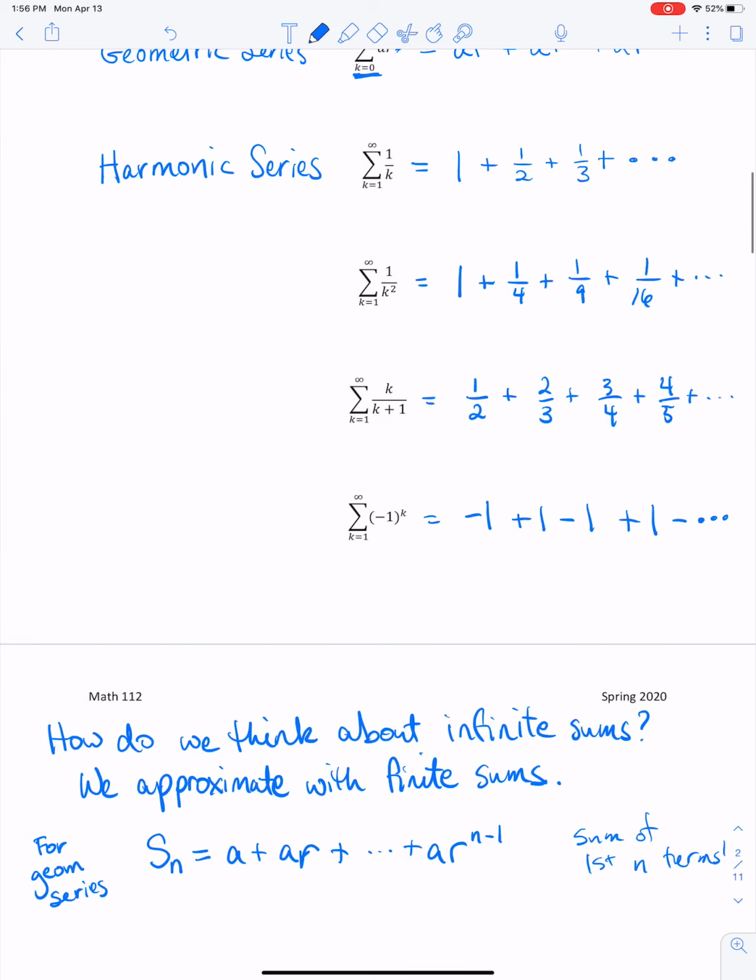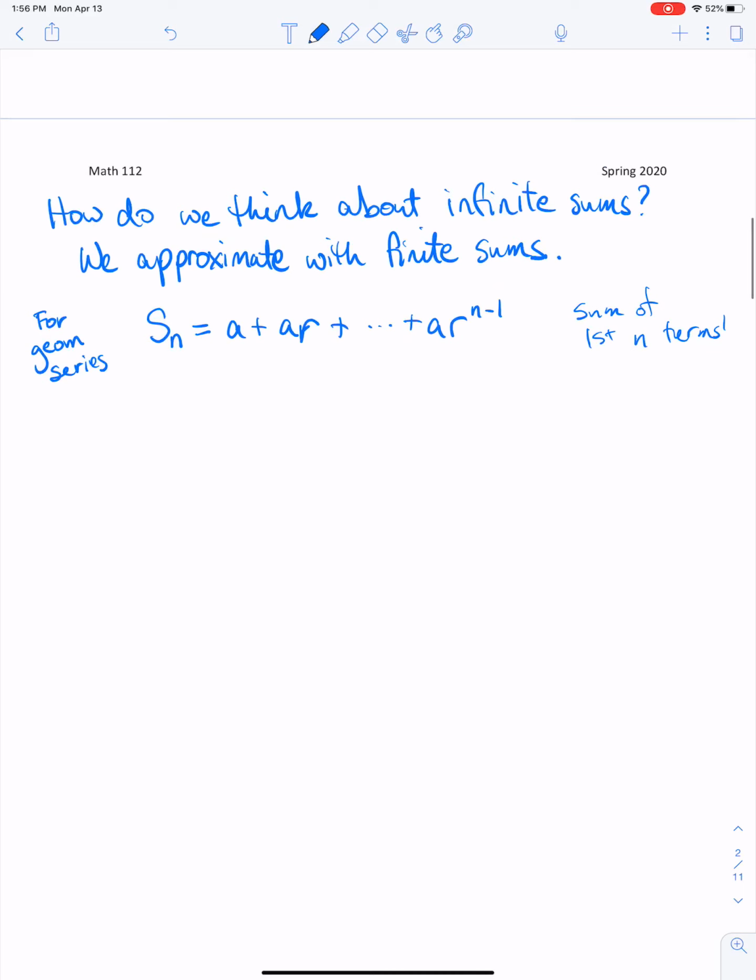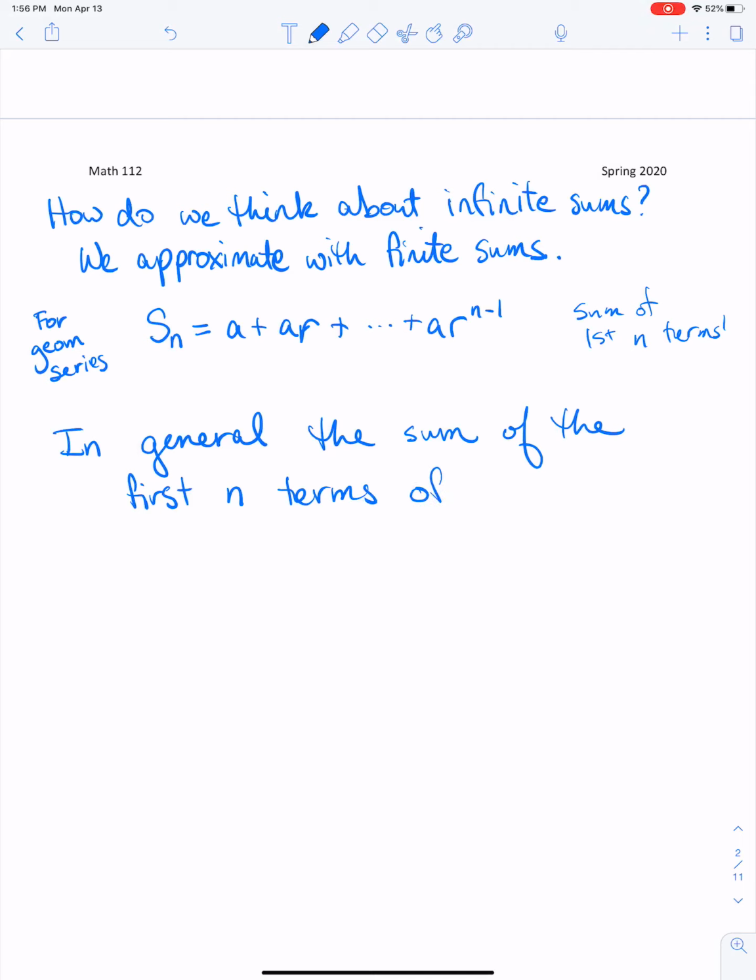Okay, so more generally, sorry about that, more generally, the sum of the first n terms of a series. I'm going to use a different letter because I've got a's sitting up here with the geometric series.